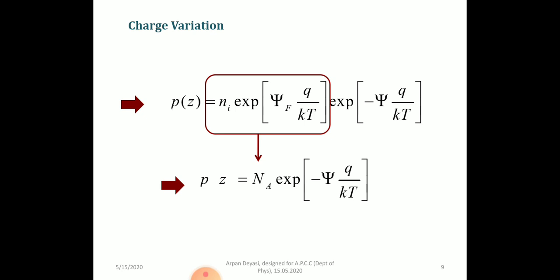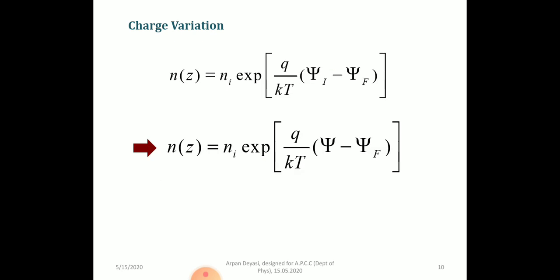In the bulk, all the bands are parallel. So if all the bands are parallel and I multiply with n_i, what will be the effective concentration? The effective concentration at the bulk is N_a, the acceptor concentration, because it is a p-type semiconductor. So p(z) is N_a exponential minus psi q by kT.